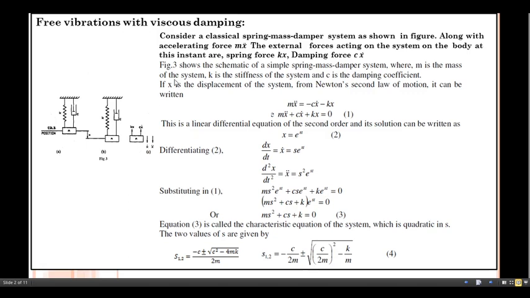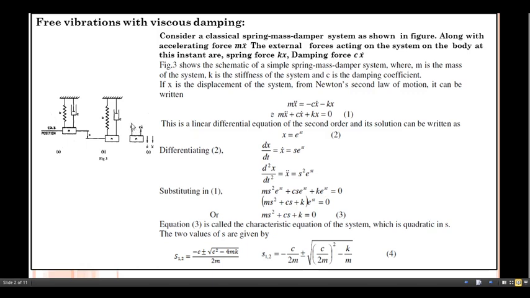By using Newton's second law of motion, this equation can be written as: m x double dot, this is the accelerating force along with the mass that acts in the downward direction. As per sign convention, we consider the positive sign for the downward force, so m x double dot must be positive.